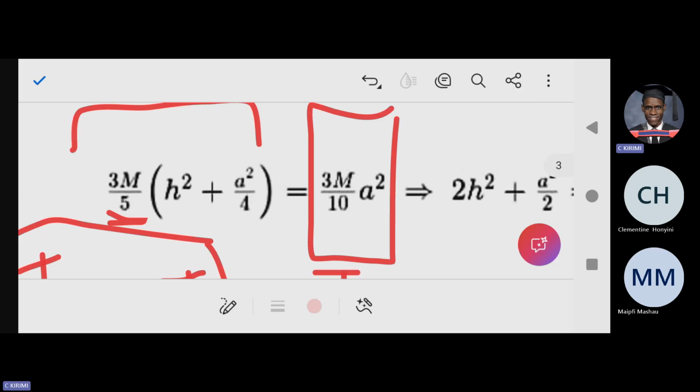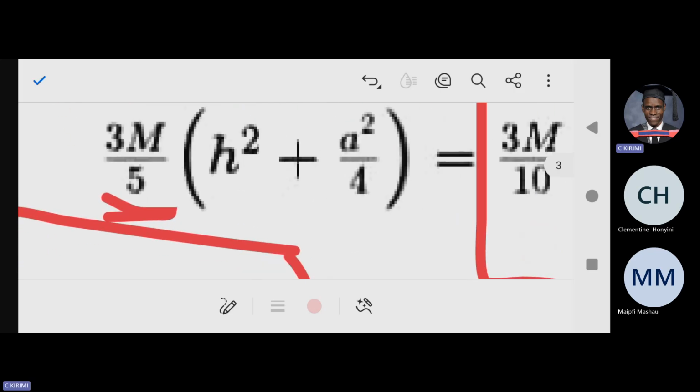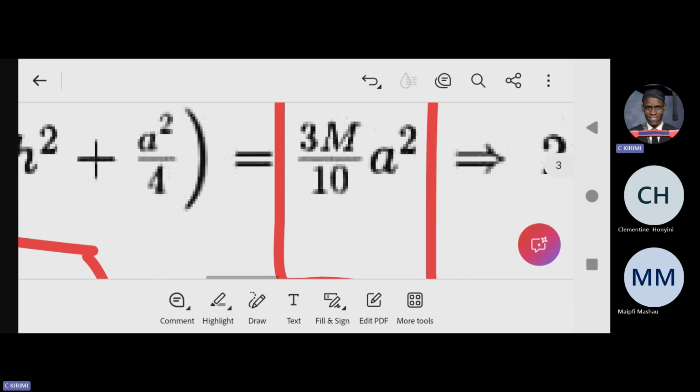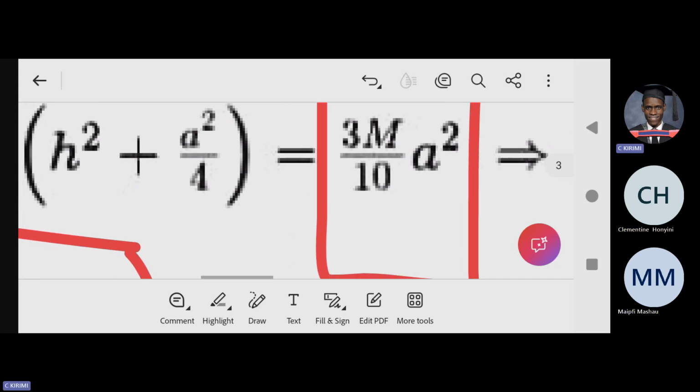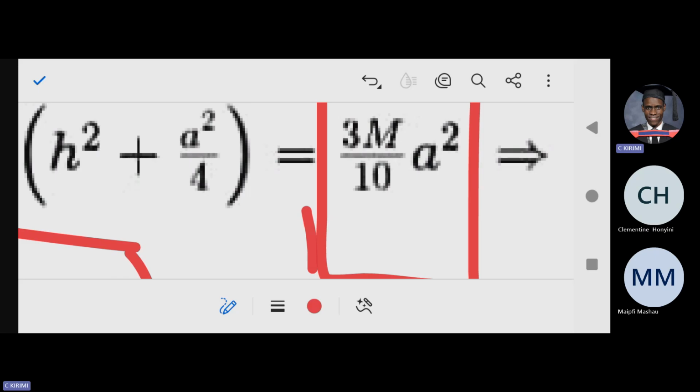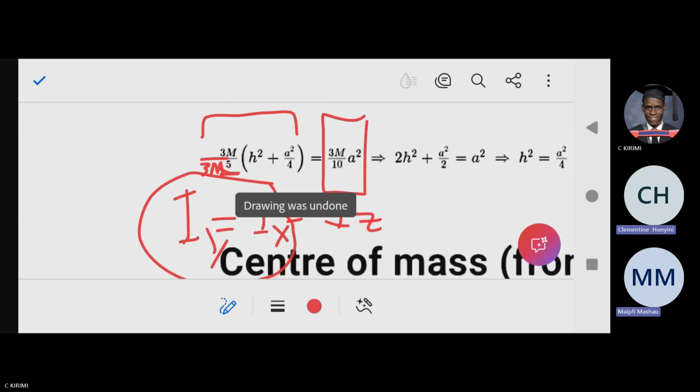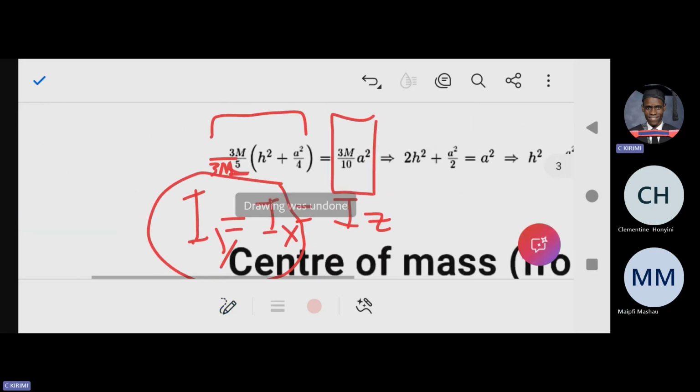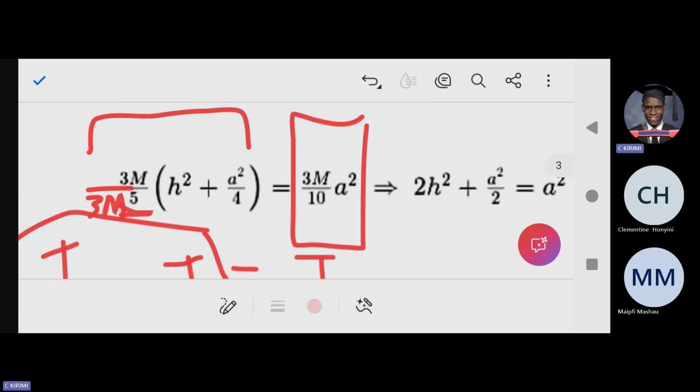Can you see 3m? Here, I divide by 3m. What I do on the left, I do on the right. Then here, I also divide by 3m. So the 3m is going to disappear, isn't it? So it's assisting me to get to my conclusion of what is the relationship between only A and H. So this goes, it's done.